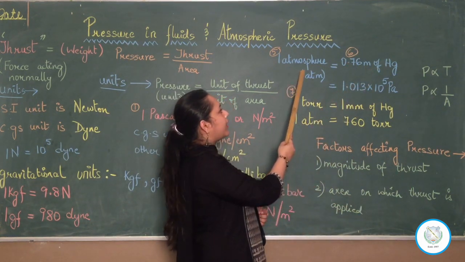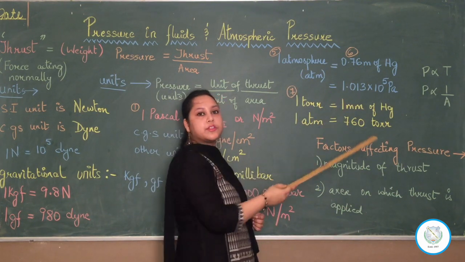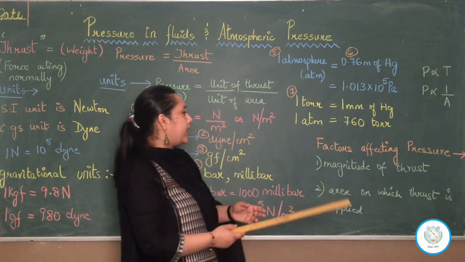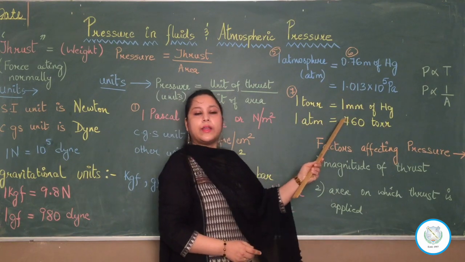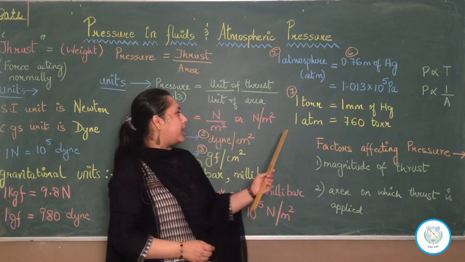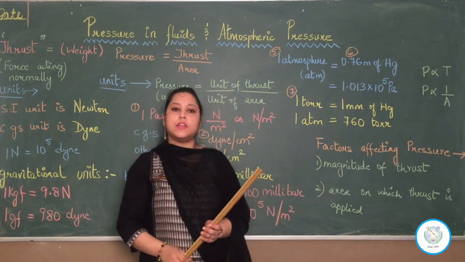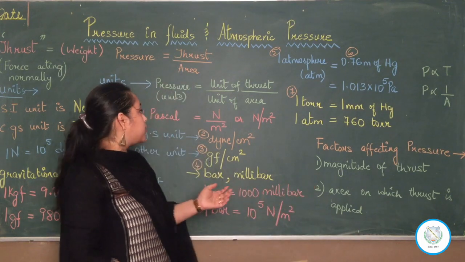That is equal to 1 atmosphere. And in terms of Pascal, it is 1.013 into 10 raised to the power of 5 Pascals. Then the other unit is torr. 1 torr is equivalent to 1 mm of mercury, and 1 atm, that is 1 atmosphere, is equal to 760 torr.